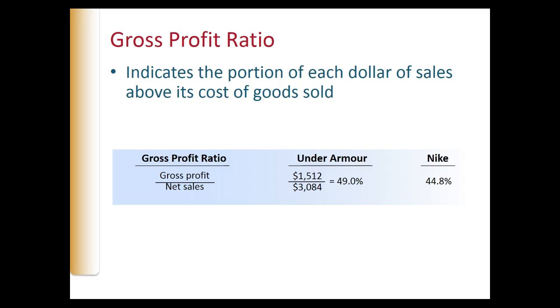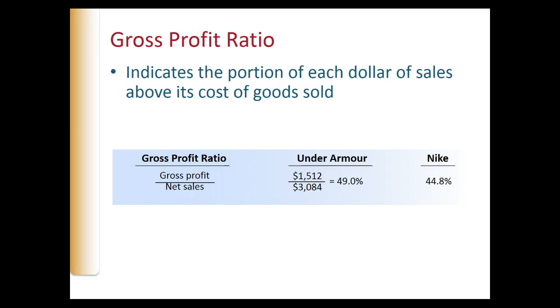Now, the gross profit ratio indicates the portion of each dollar of sales above its cost of goods sold. We calculate this ratio as gross profit, which is net sales minus cost of goods sold, and we divide that by sales. Gross profit ratios vary by industry. This slide presents the calculation of the gross profit ratio for Under Armour and a comparison with Nike.